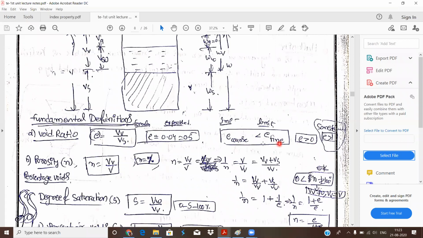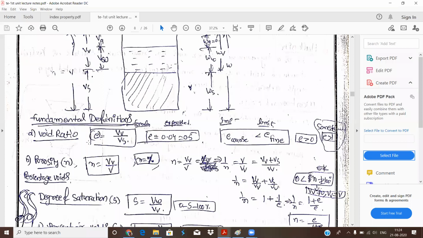So 100% there is no voids between something. Okay, so void ratio means, the first fundamental definition, it is the ratio of volume of voids to the volume of solids.